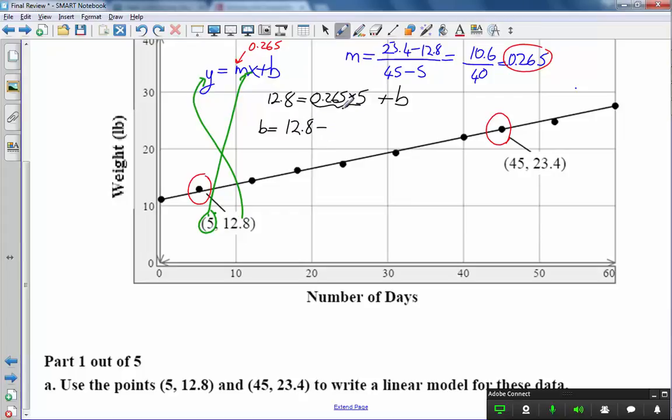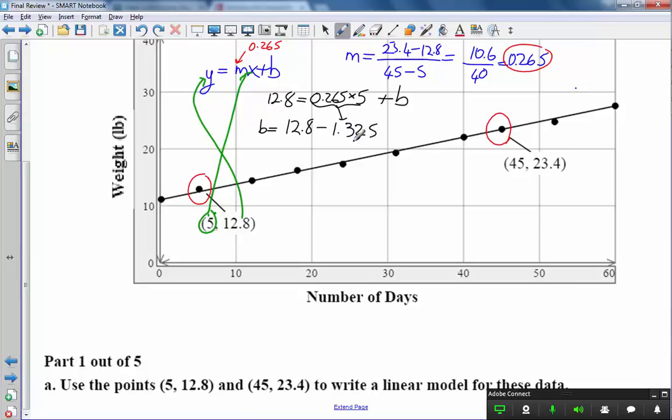What is this number? 1.325. Did you do it with a calculator? No, I just looked at it. Somebody do it with a calculator and make sure. 1.325.